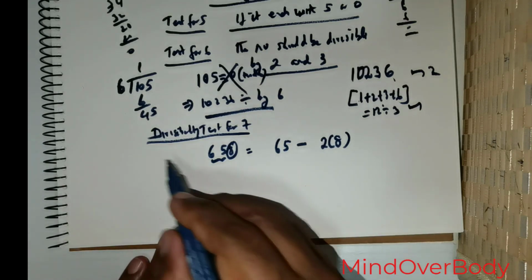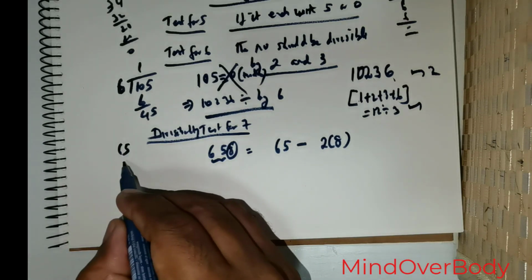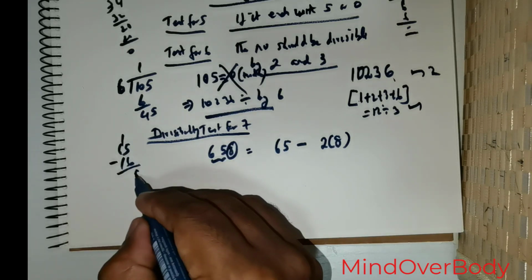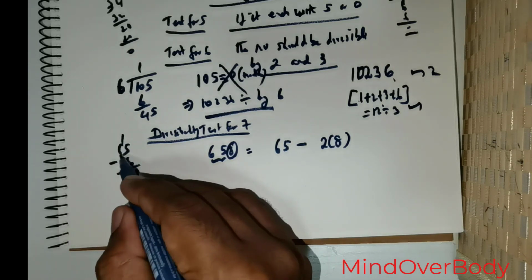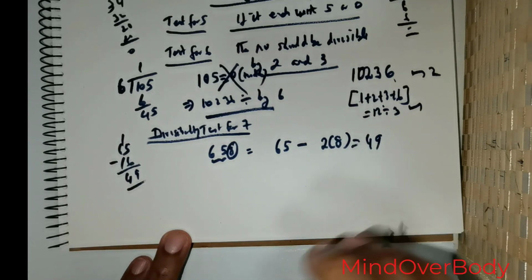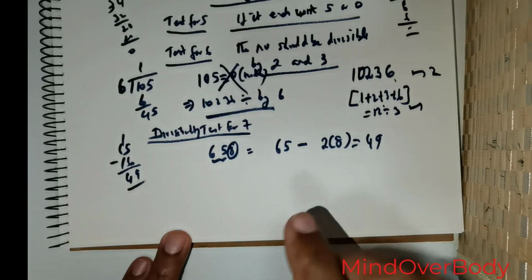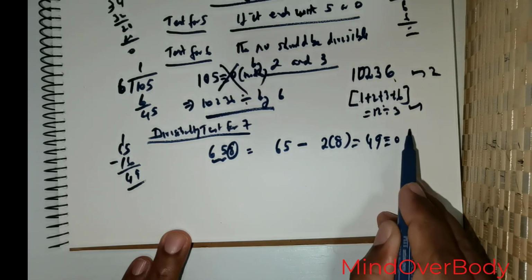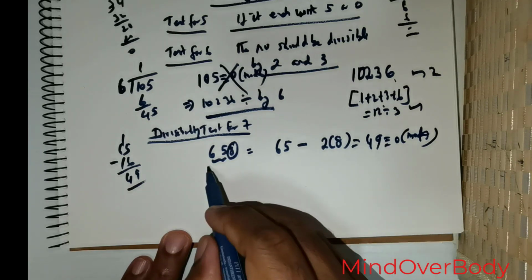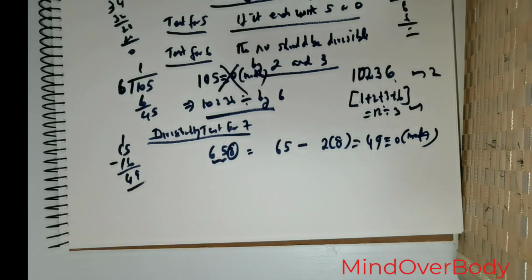This is nothing but 65. 8 times 2 is 16. And what do you get? This is going to be 9, and if I take away 1 it is 4, so 49. If the number that you're getting is divisible by 7, then this entire number is divisible by 7.